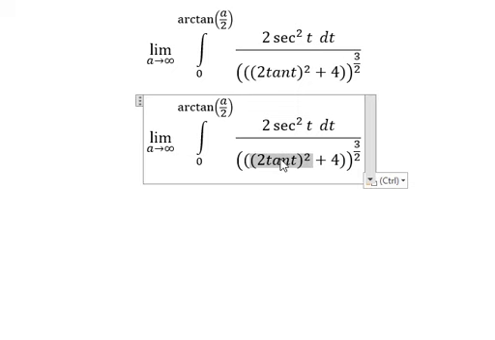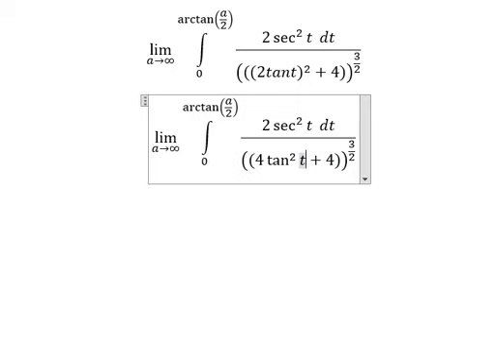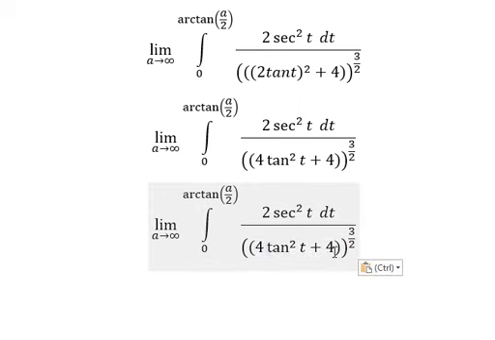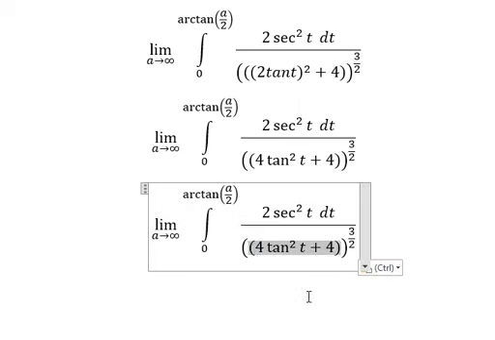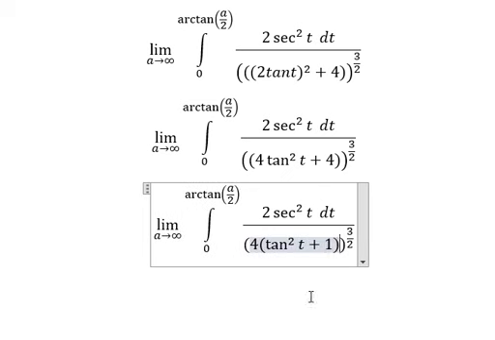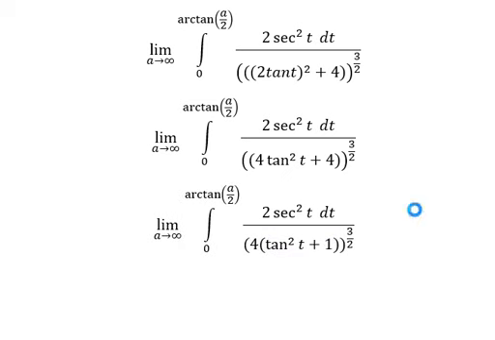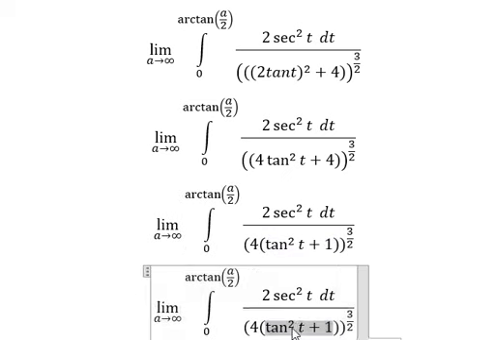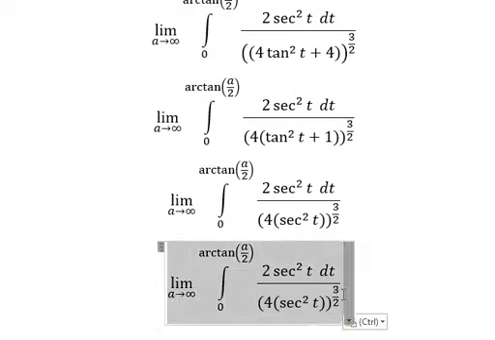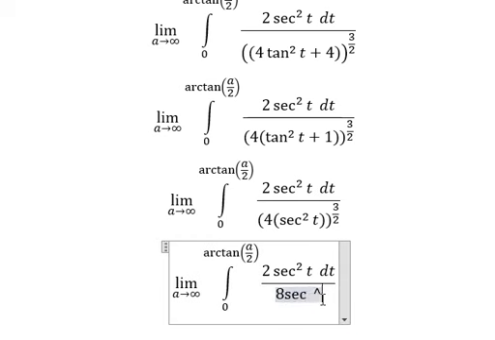So this one we have 4 tan t squared. The 4 and the 4 we can factorize. So this one we change to secant of t squared. This one we have 8 secant of t to the power of 3.